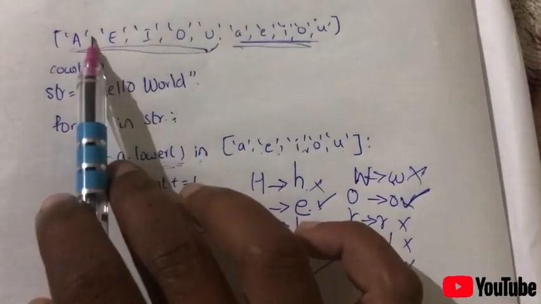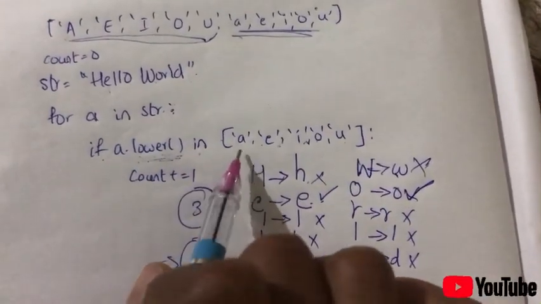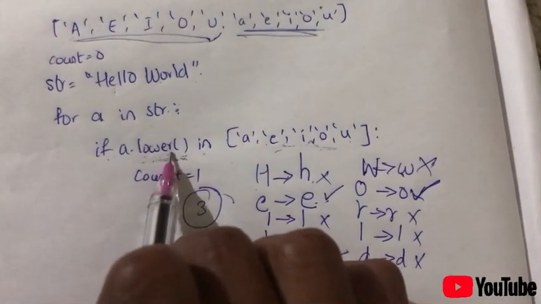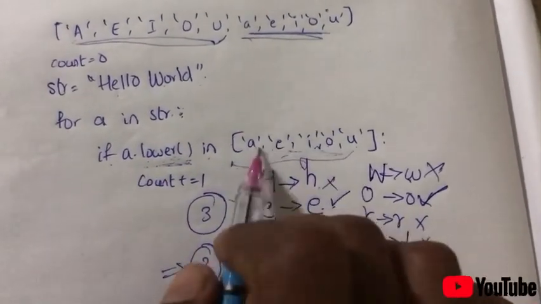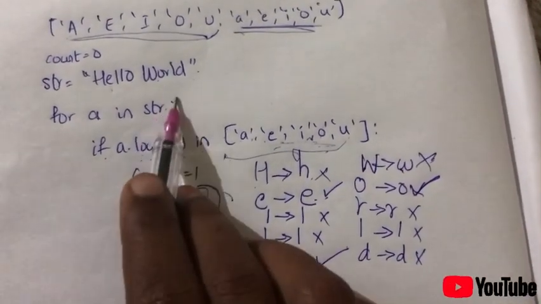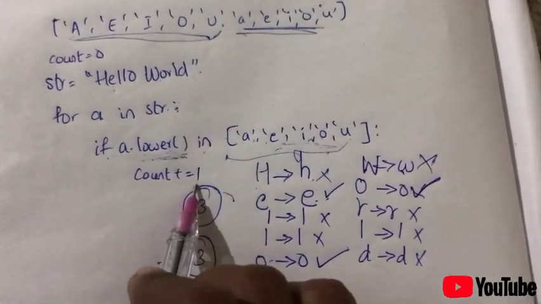For simplification and optimization I have taken this list and used the lower function. So this is how to count the number of vowels in a string.